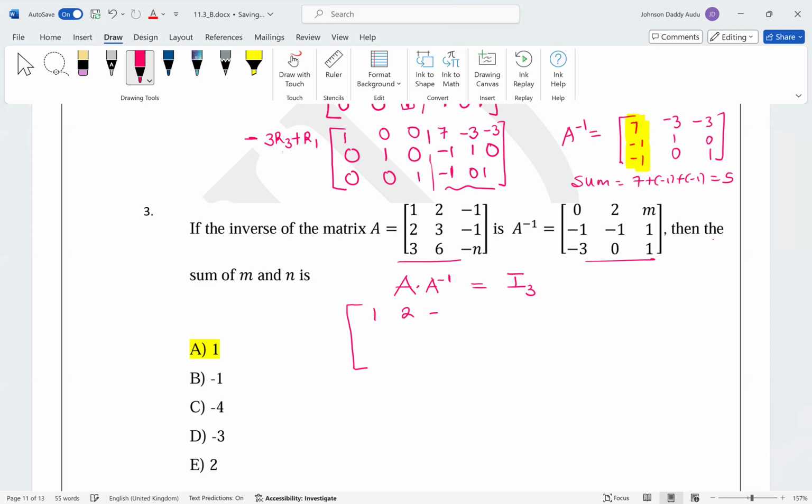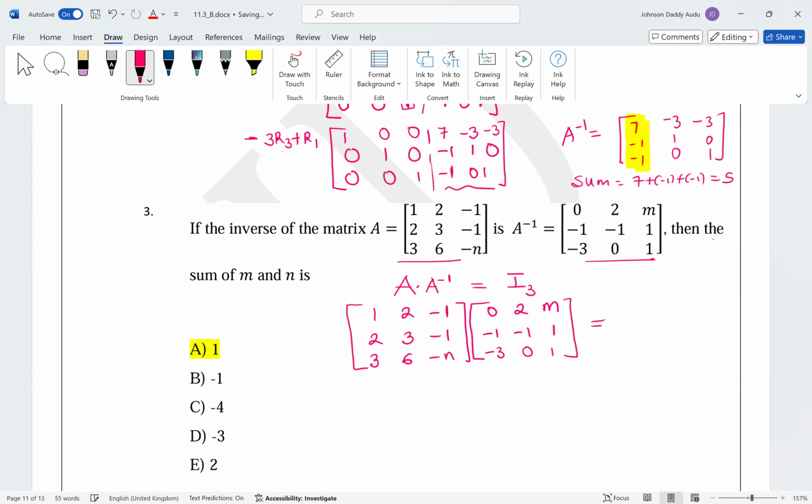In other words, this means that if you do this, what is A? 1, 2, minus 1, 2, 3, minus 1, 3, 6, minus n. If you multiply with 0, m, minus 1, minus 1, 1, minus 3, 0, 1.